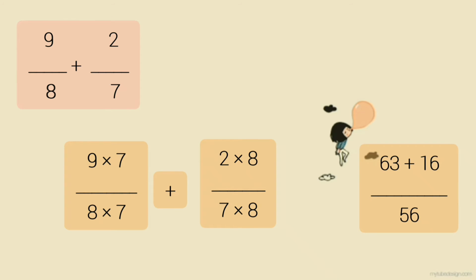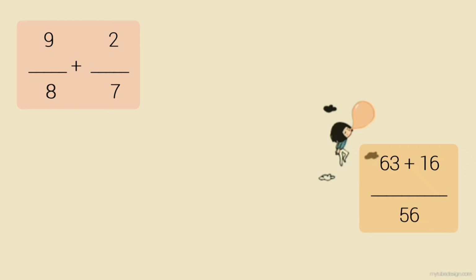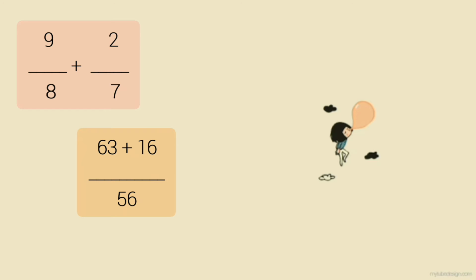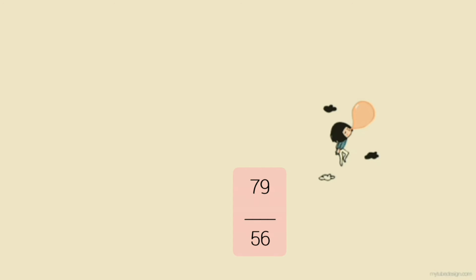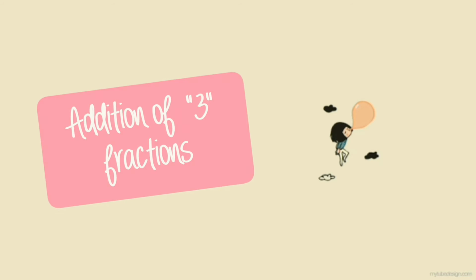Similarly, we multiply the numerators with the same numbers. And we add these numbers and get the fraction 79 by 56, which is the simplest form, and this is the answer. This is the addition of two fractions.